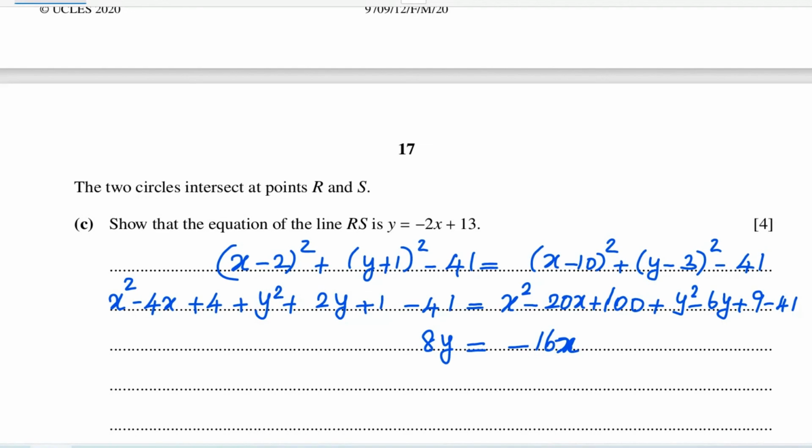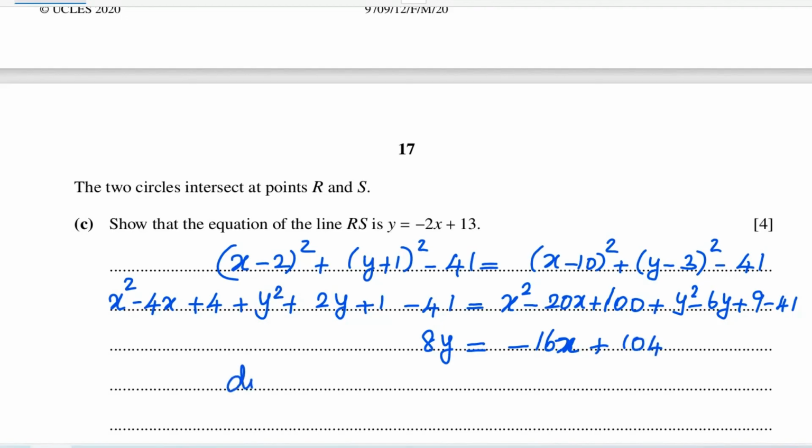Now the constants: 4 plus 1 minus 41, on the other side 100 plus 9 minus 41. On simplifying that, we will get 100 plus 9 minus 41 plus 41 minus 1 minus 4, which gives 104.